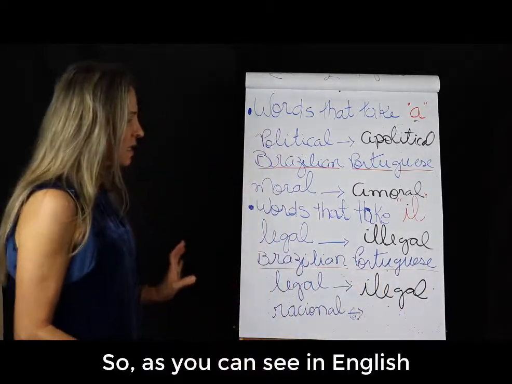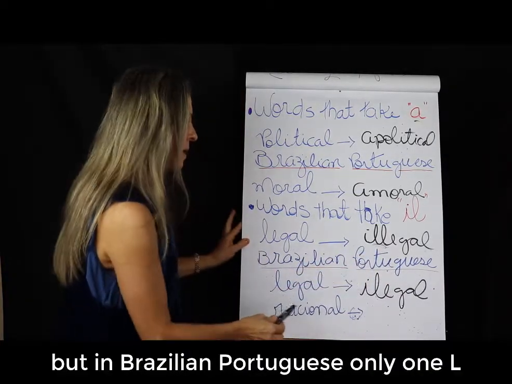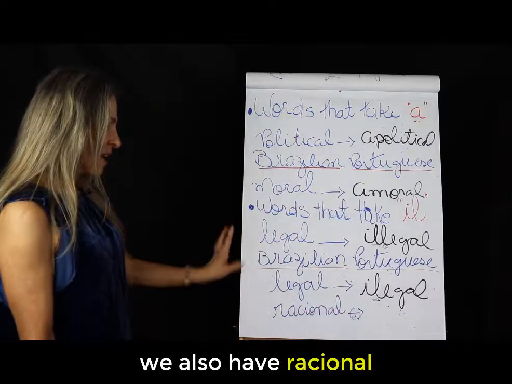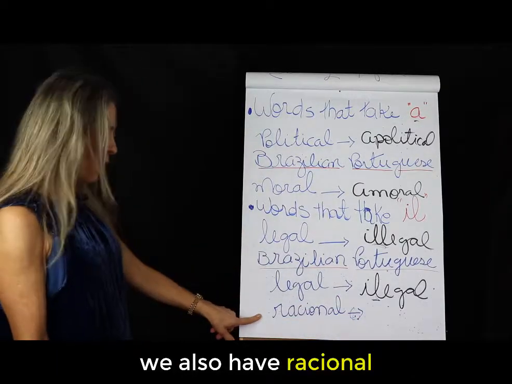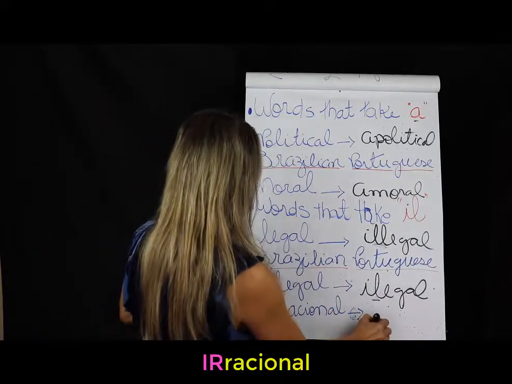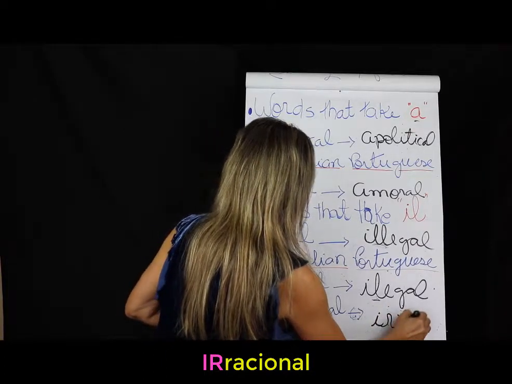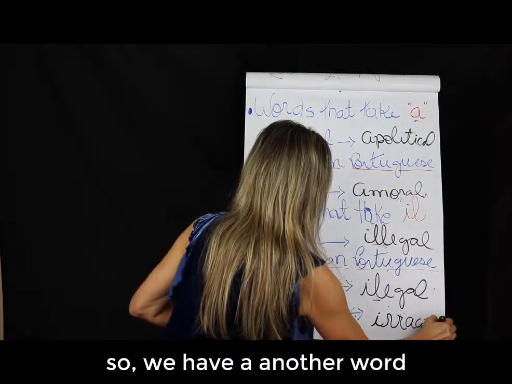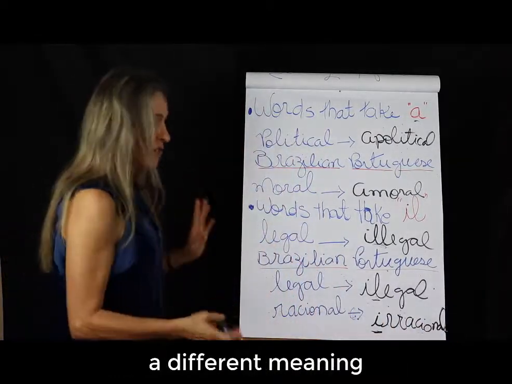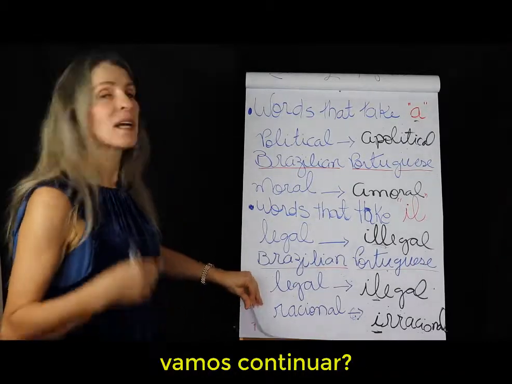So, as you can see, in English, we have double L, okay? But in Brazilian Portuguese, only one L, okay? We also have racional, okay? In Brazilian Portuguese, irracional. So we have another word, a different meaning, a negative idea, ok? Uma ideia negativa. Vamos continuar?